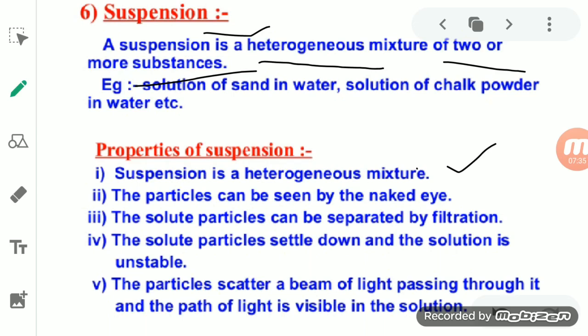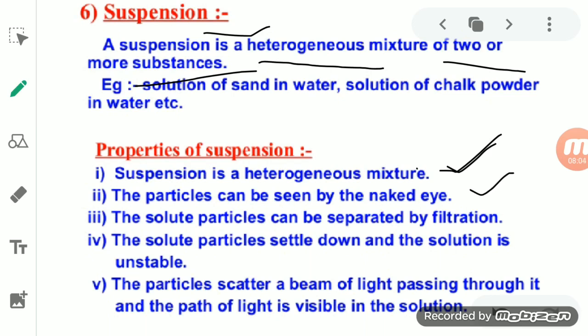The substance you are adding to the water, like chalk powder, gets evenly distributed but does not get properly dissolved in it, due to which there is a boundary by which you can distinguish between the two components of that solution. That's why it is a heterogeneous mixture.